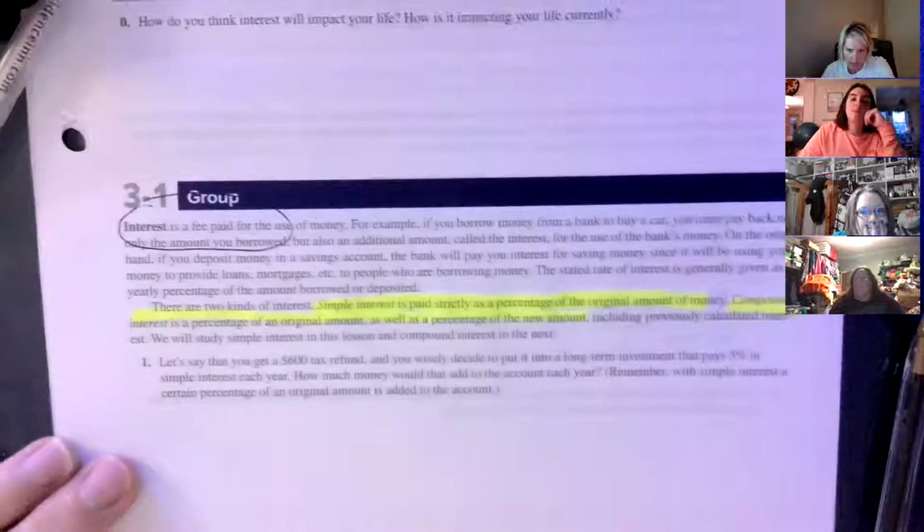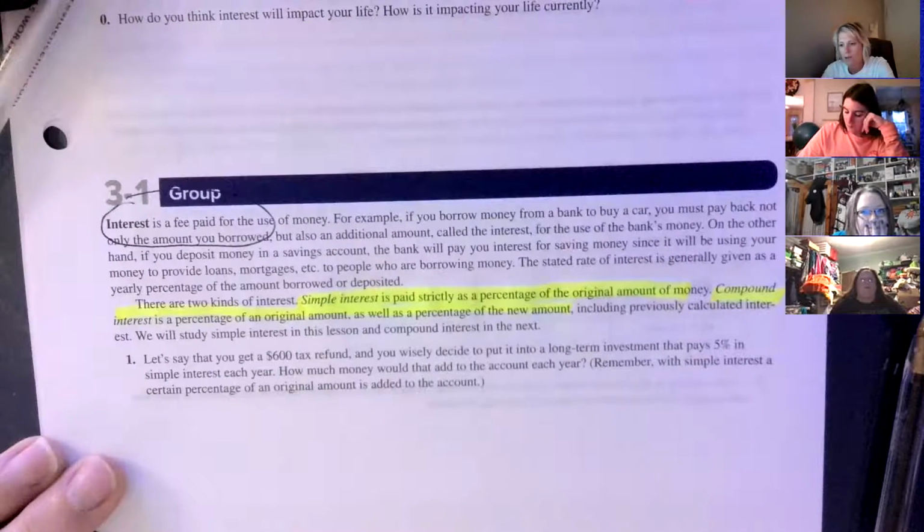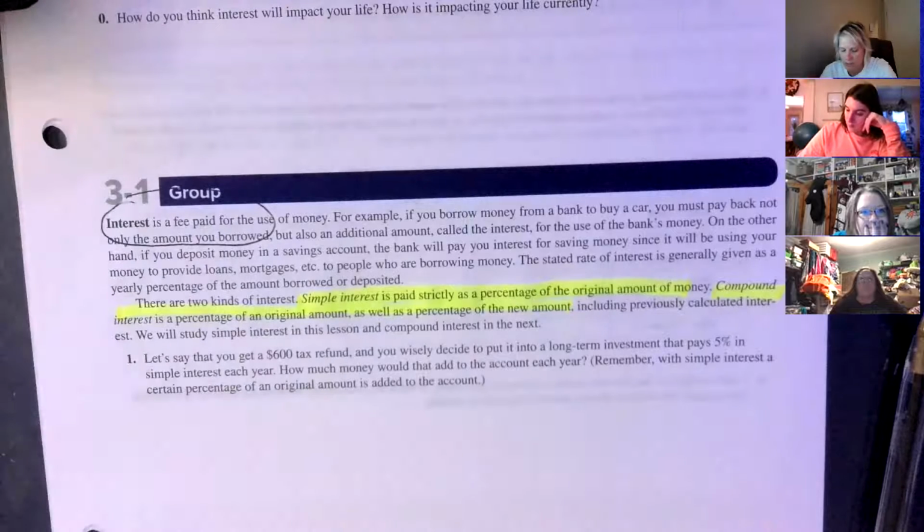So let's say that you get a $600 tax refund and you decide to put it into a savings account, of course, because you're super responsible.